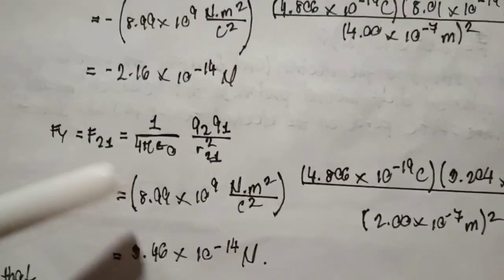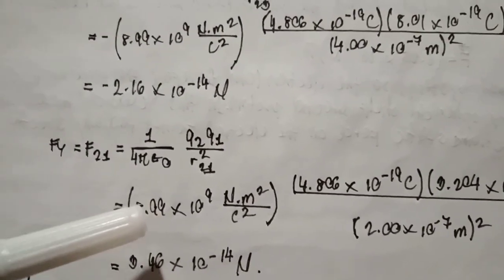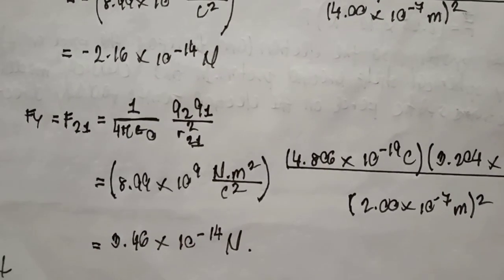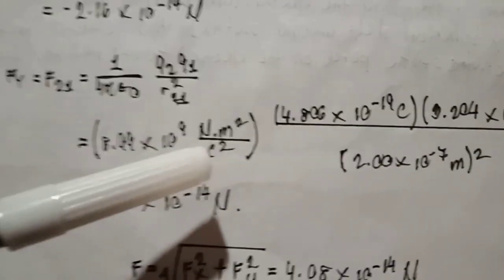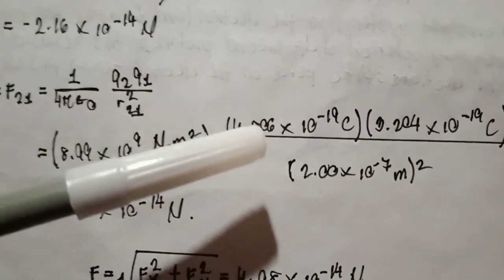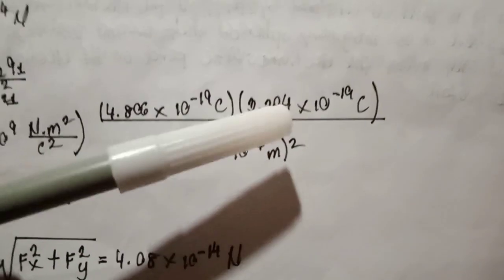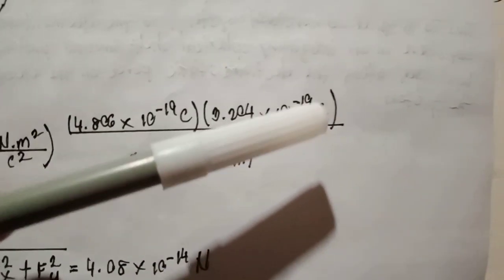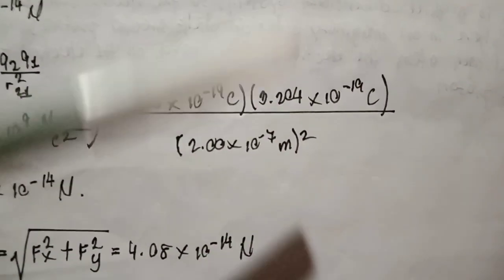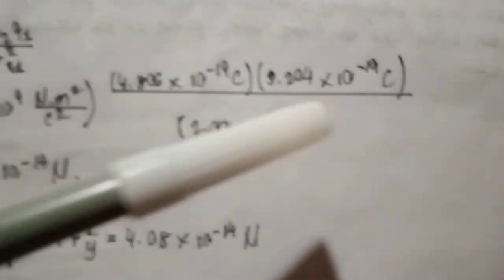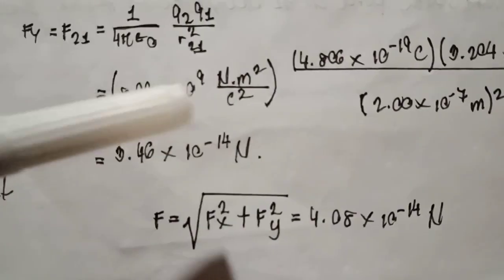This equals 8.99 times 10 raised to the power of 9 newton times meters squared over coulombs squared, multiplied by 4.806 times 10 raised to the power of negative 19 coulombs multiplied by 3.204 times 10 raised to the power of negative 19 coulombs over 2 times 10 raised to the power of negative 7 meters squared. So we substitute, and this is the answer, which is equal to 3.46 times 10 raised to the power of negative 14 newtons.